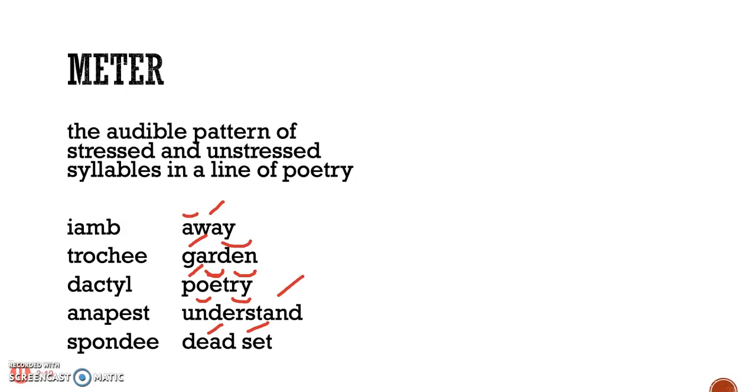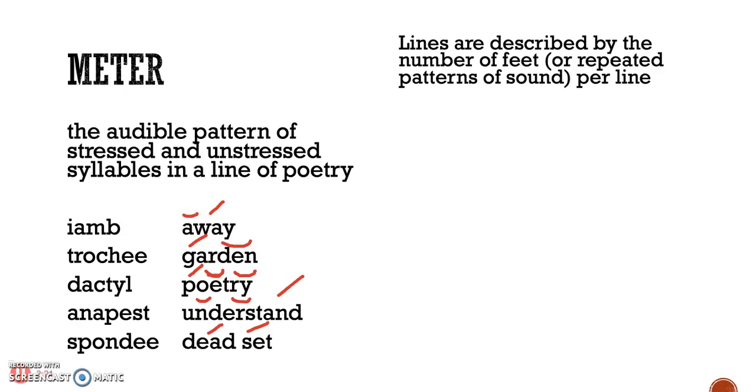So in poetry, we get these patterns that repeat over and over within a line. And every time a pattern repeats, they think about it as a poetic foot. So a poetic line is described by the number of feet or the number of repeated patterns of sound per line.